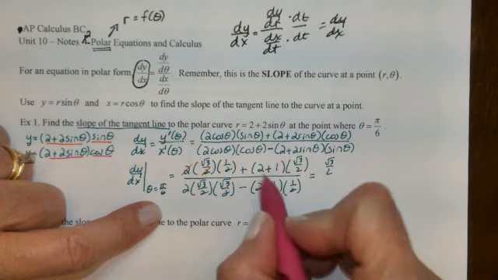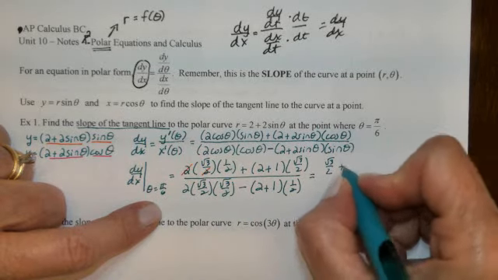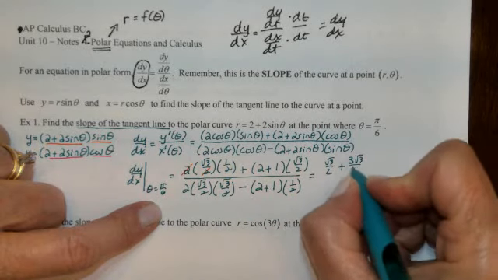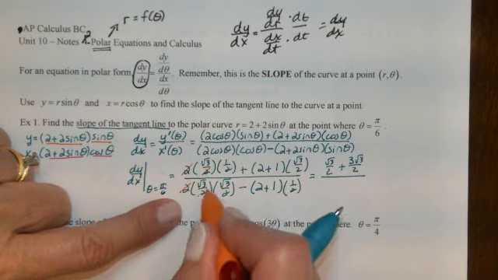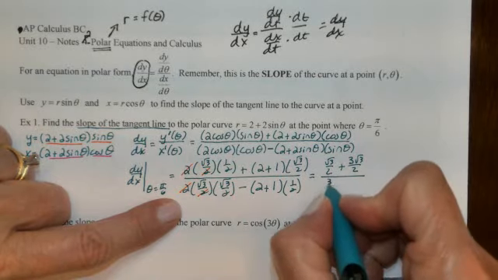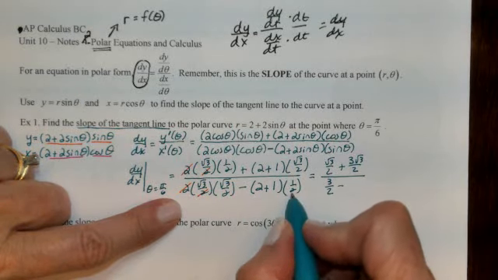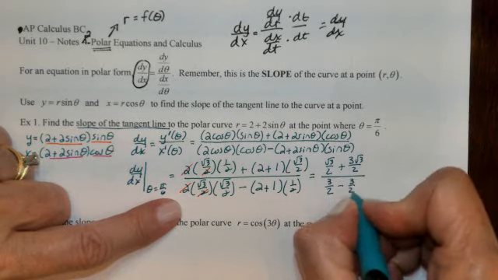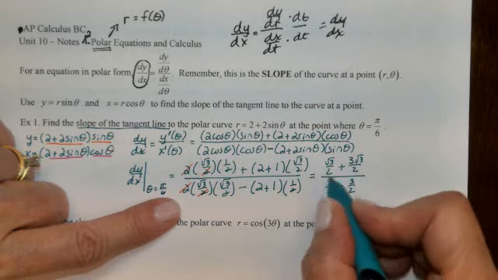This is 3 square root of 3 over 2, so can't do anything with that. Over, all right, one of these 2's cancels here. Square root of 3 times square root of 3 is 3. And then this is 3 halves, right? Like that.